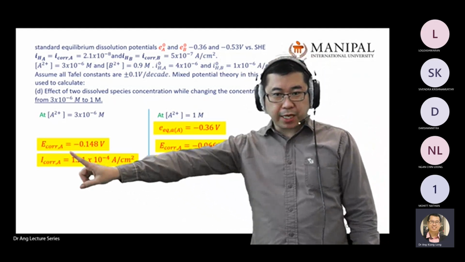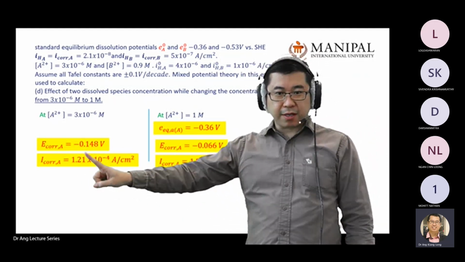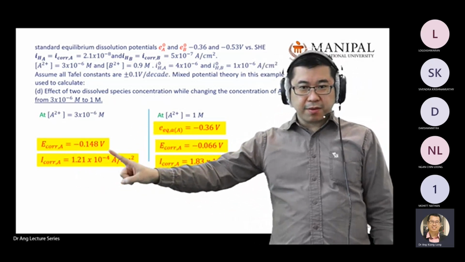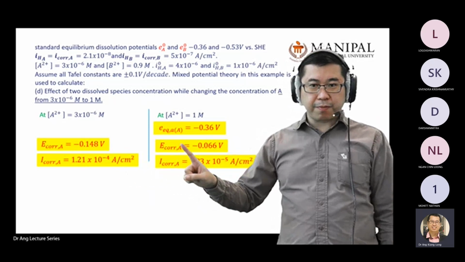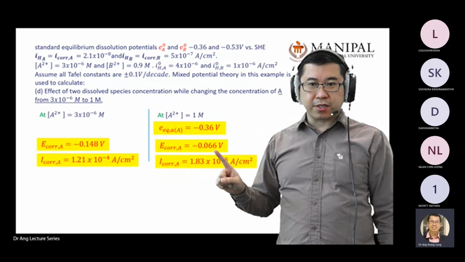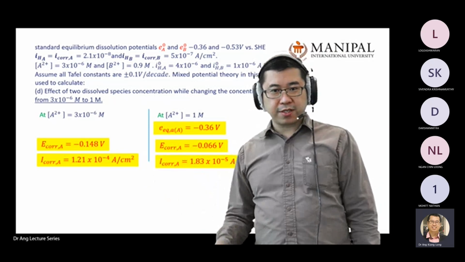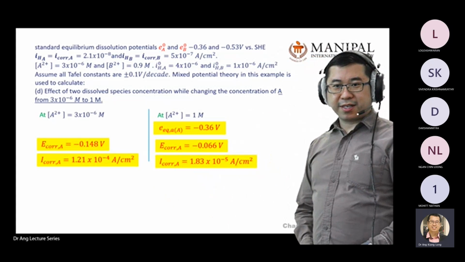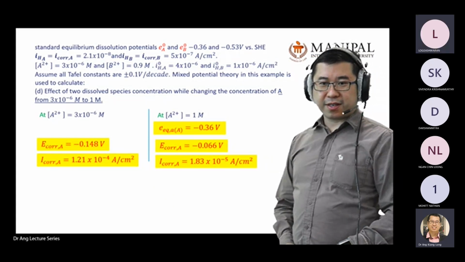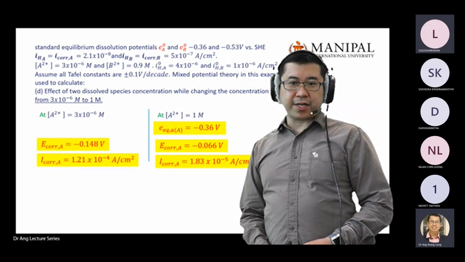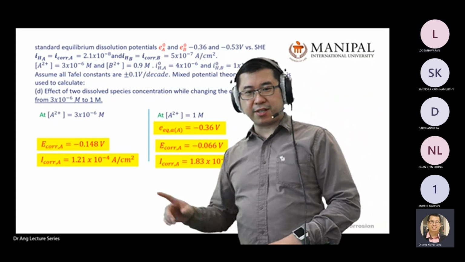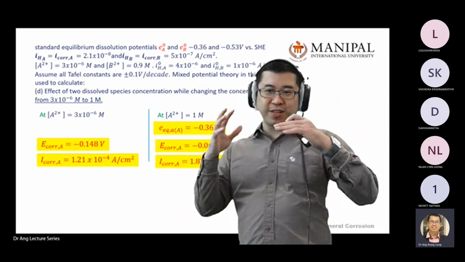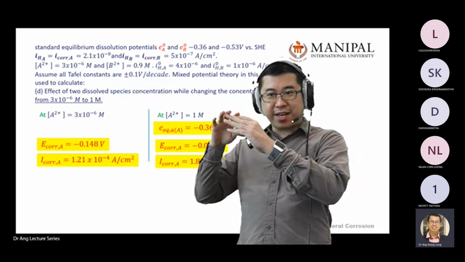What happened to the potential? Can you see the potential of corrosion before and after you increase the concentration? Minus 0.14 volt became minus 0.06. What happened to the voltage? Does it increase or decrease? Increase. So when you come to a higher level module, try to get some idea on the negative side.